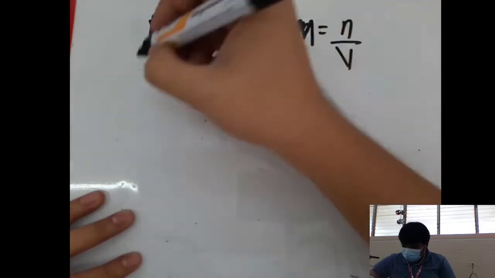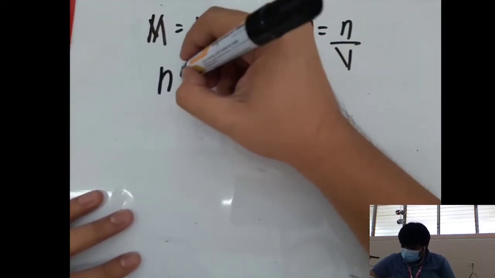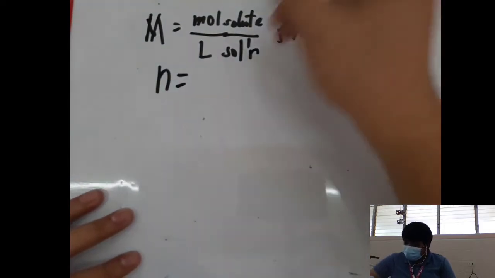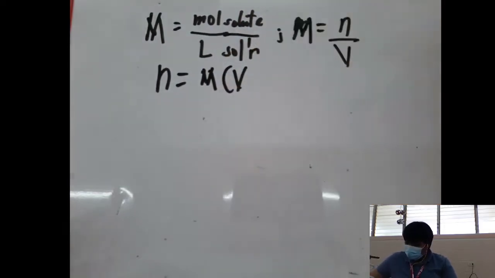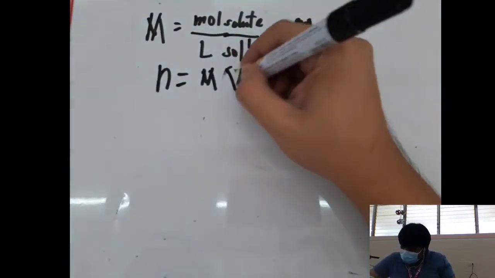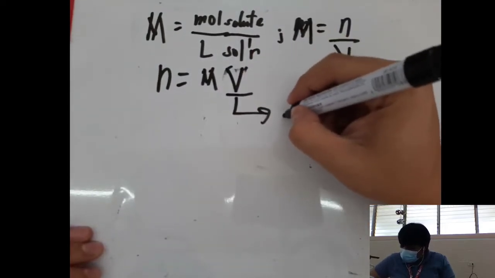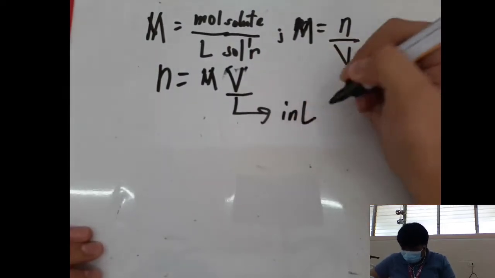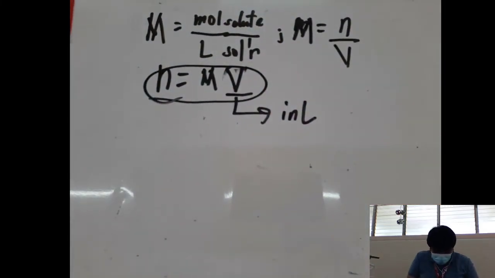Therefore, the number of moles of the known substance is equal to molarity multiplied by the volume. Now you have to take note that your volume should be in liters before using this relationship. So let's try.